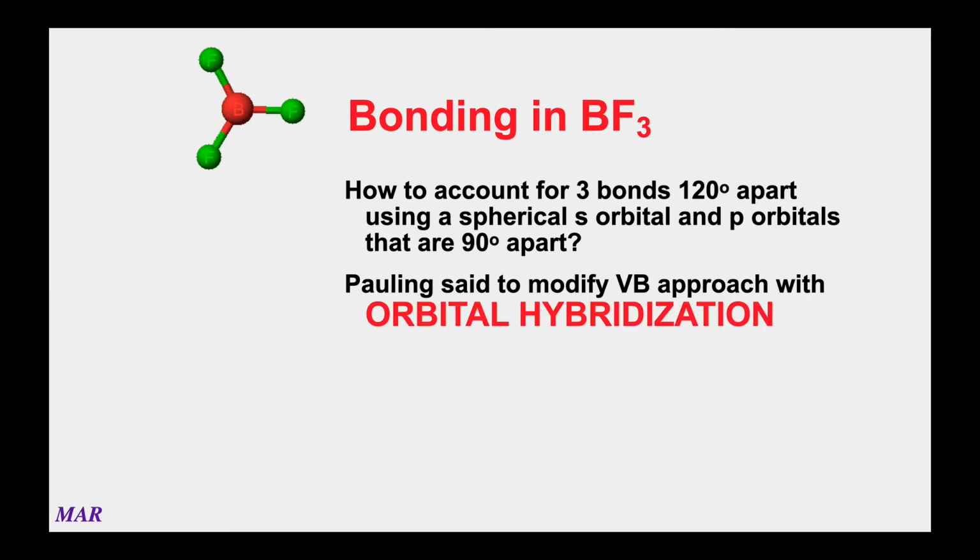Pauling said that in valence bond, what happens is the central atom is hybridized. And hybridized just means that you're taking some of the atomic orbitals and you're mixing them together. And the new orbitals that come out are called hybrid orbitals. And it's an energetic mix, if you will, of the atomic orbitals.